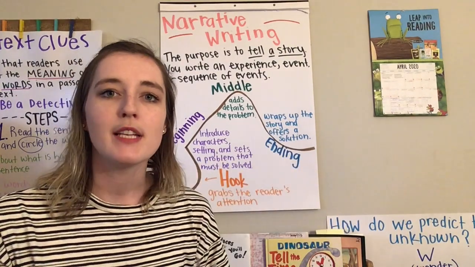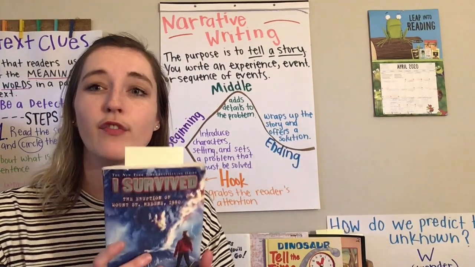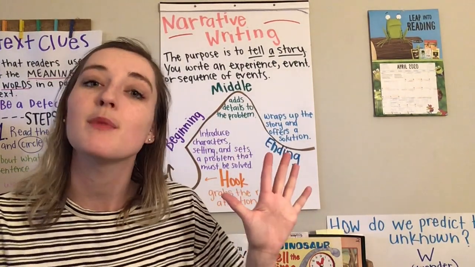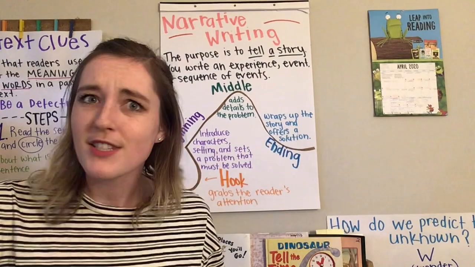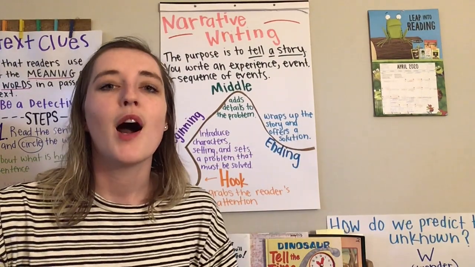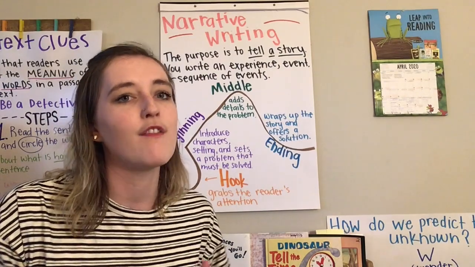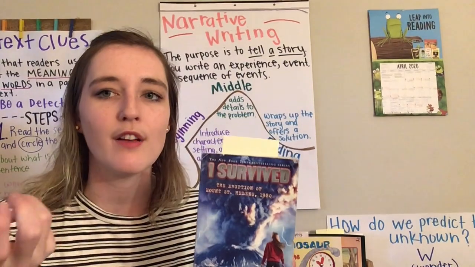So that's what this author does first to hook the reader. He describes what it felt like using those 5 senses that we talked about in the first lesson, where we talked about the sensory details. He described what it felt like to have the volcano erupt. So this is actually going to be a really good tool to help us with our narrative writing.